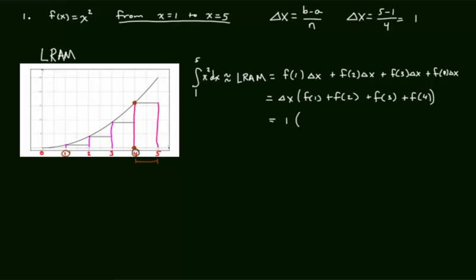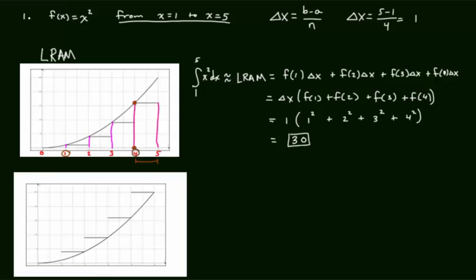F of 1 would be the value of the function f at 1, which is 1 squared, plus f of 2, which will be 2 squared, 3 squared for f of 3, and 4 squared for f of 4. Now we'll just do that arithmetic, and that comes out to be 30 units.